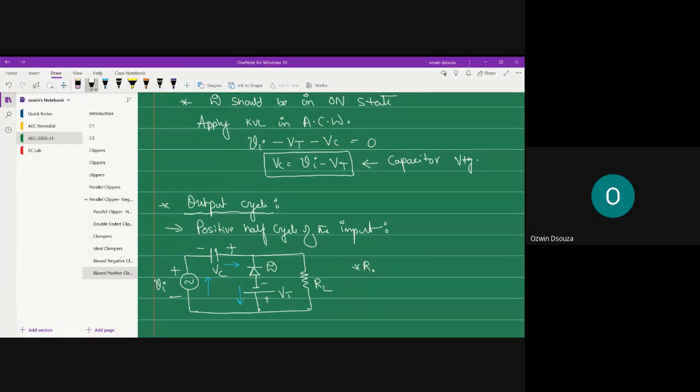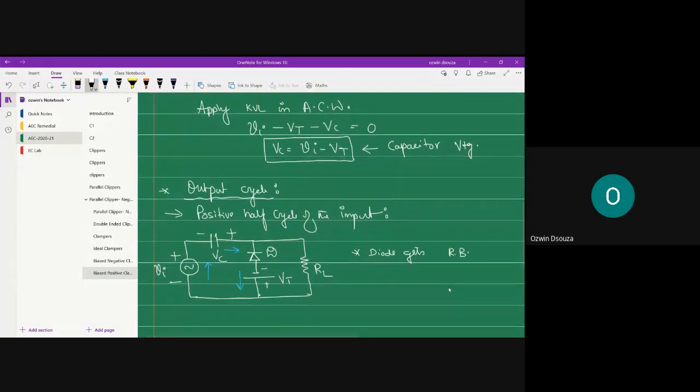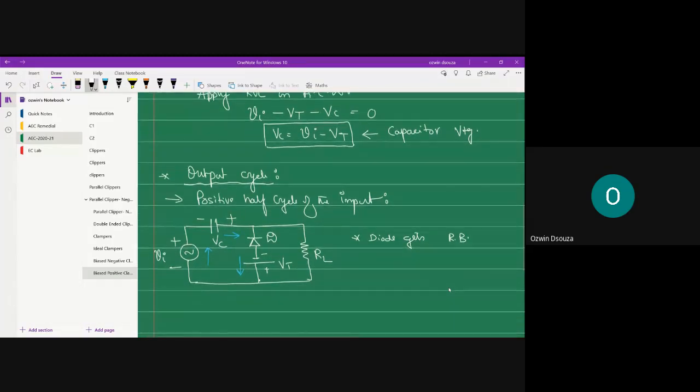So the diode gets reverse biased. See, again and again, I'm repeating this. If at all you have understood the clamper logic, you don't have to write again and again that the diode is reverse biased.